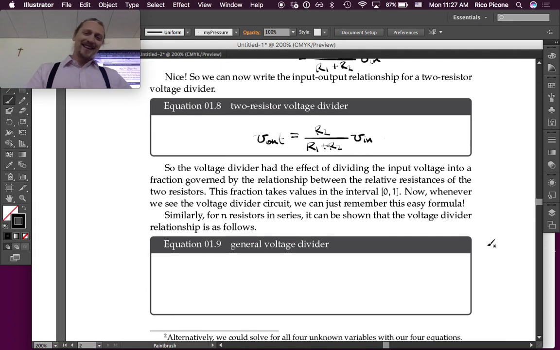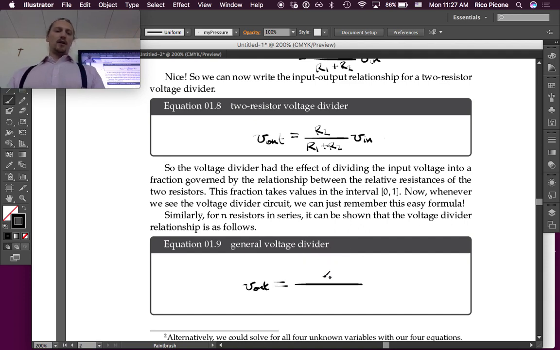Okay, so similarly for n resistors in series, so we just did 2, but we could do n with a very similar process and show that you can get an output voltage, V out, across RK.